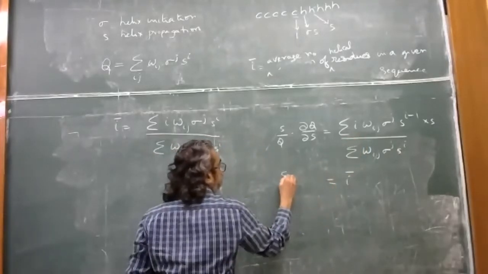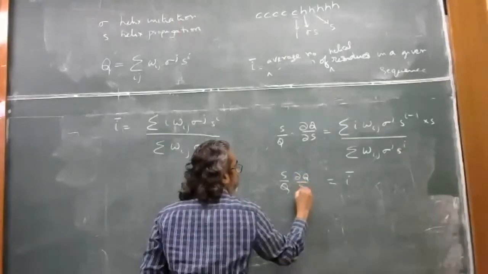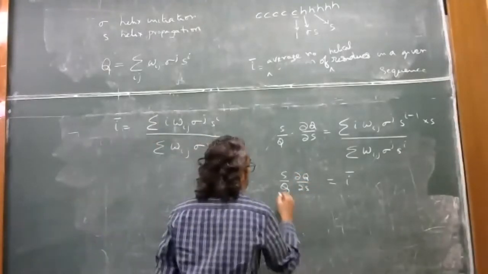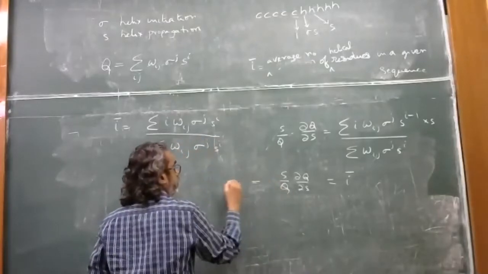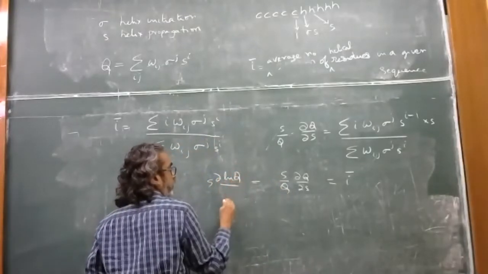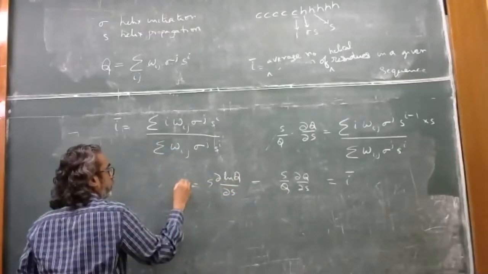You can also write this as S times the partial derivative of ln Q with respect to S, and that's nothing but I bar.